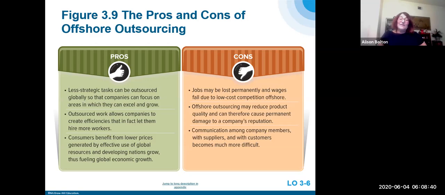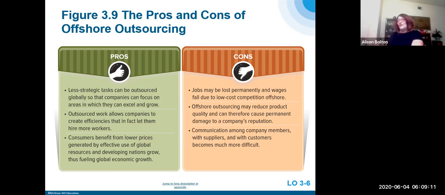Very, very important. But then you have your cons. You may have a loss of jobs permanently. People may have to move, and then you may have a problem with wages in that country. Low-cost competitive issues offshore need to be really considered. And then the quality of the product may be reduced because you're not overseeing it like when you're seeing it underneath you where you're located.